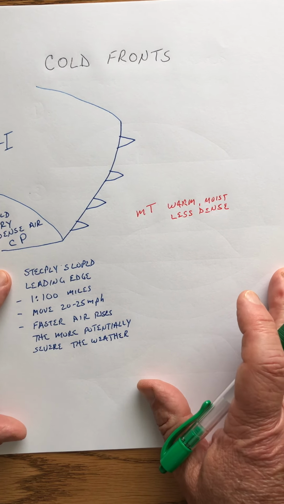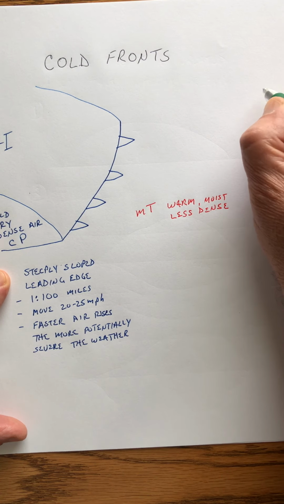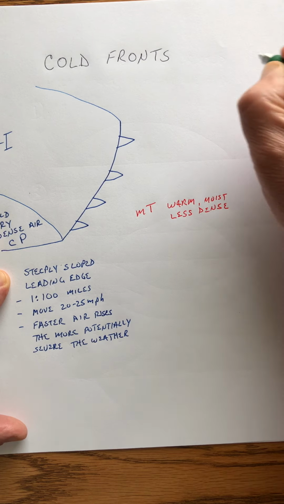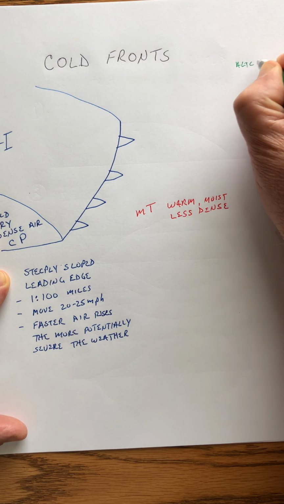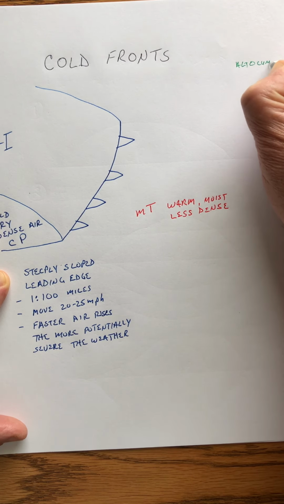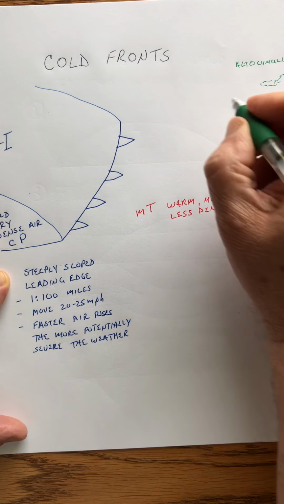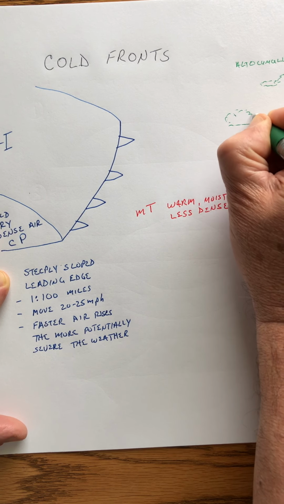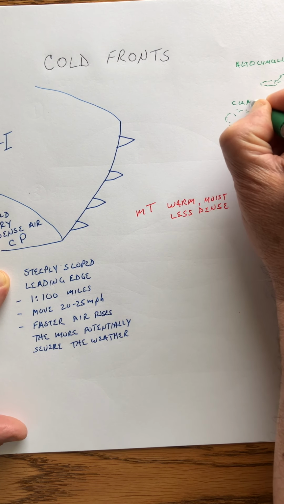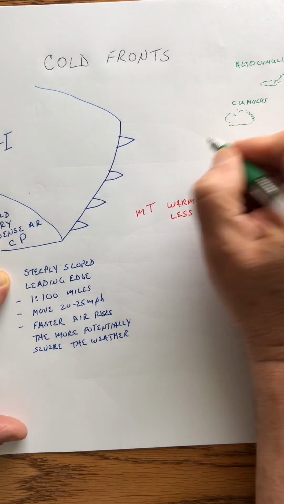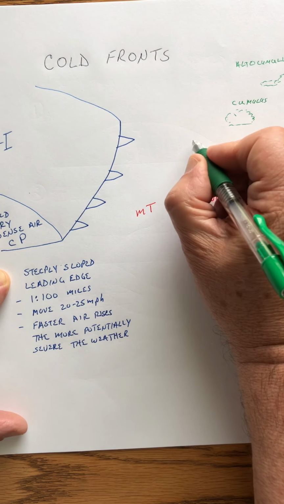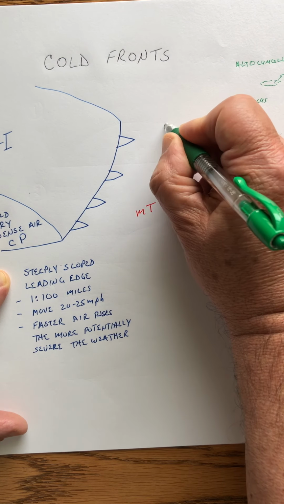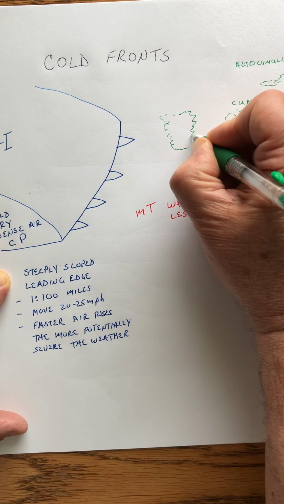We also talked about a pattern of clouds. Way out in front, you'll have some altocumulus clouds. As you get closer to the front, those will turn into cumulus clouds. And as you get closer to the front, and again, this is a textbook example, so this doesn't happen every single time, now you start getting some towering cumulus.